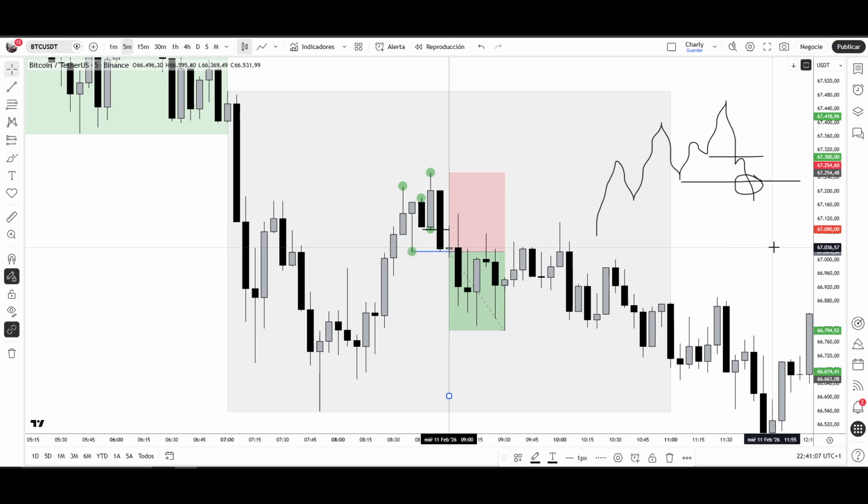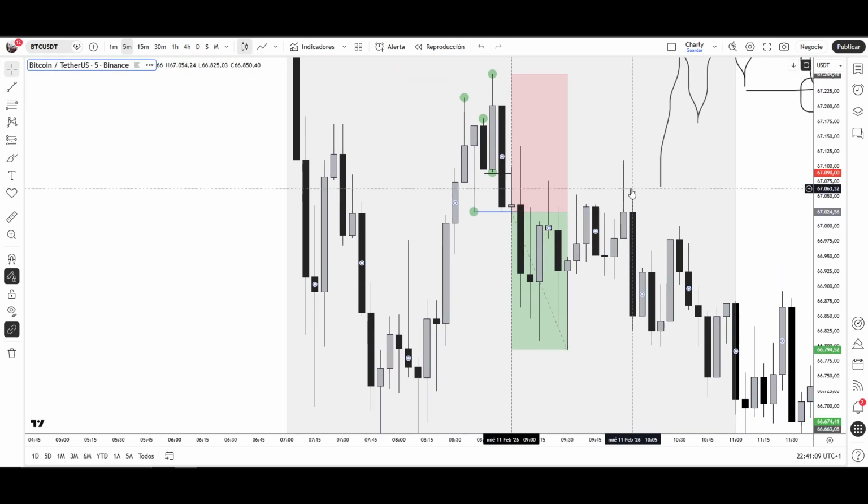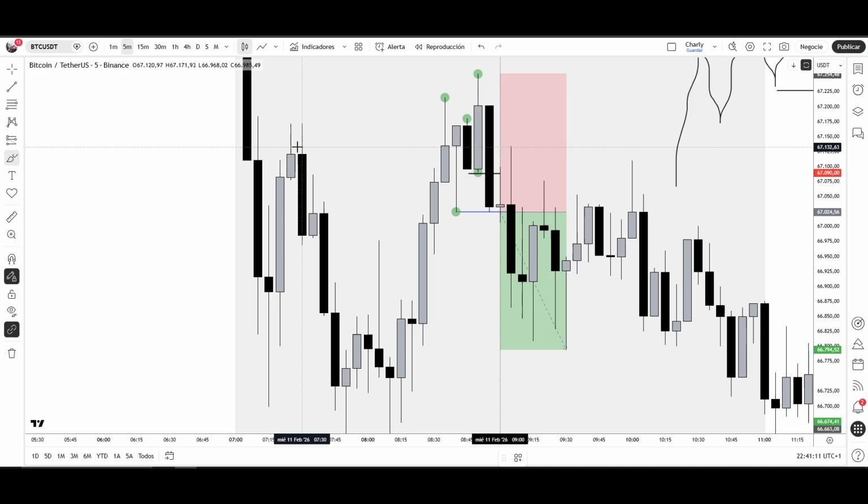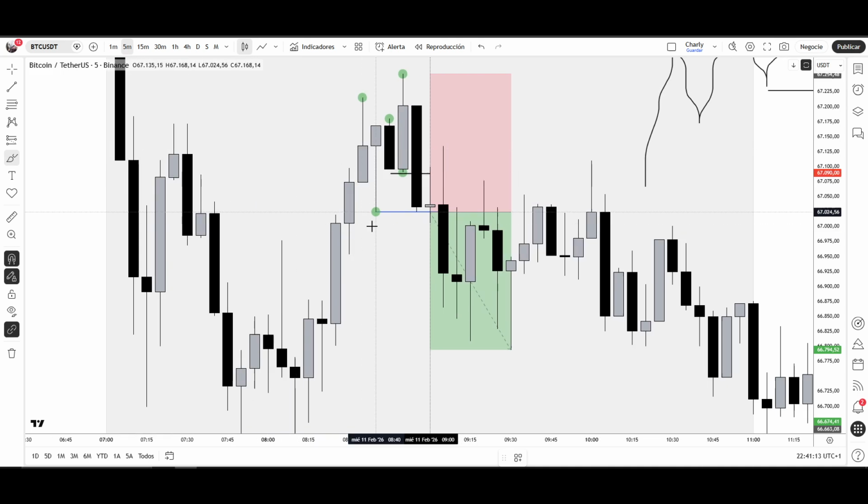Now let's get more specific, because this low, you can see it on the black tag on the right, is 24.56. Now this low that is made on the candle that is 5 minutes before the open is also 24.56. So they are equal lows, exactly equal lows.